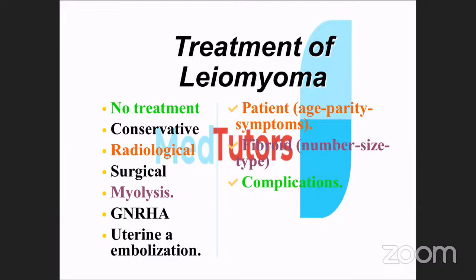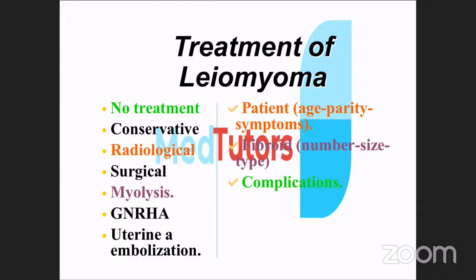Virtually most women of reproductive age who are in their late 20s and their 30s and 40s, if they do ultrasound, there will be some form of fibroid or the other. So in most instances, treatment is not necessary. In some situations, they have a fibroid, but it's not symptomatic, and probably she's around menopause. She's at the perimenopausal age. So you can manage her conservatively and see what happens.